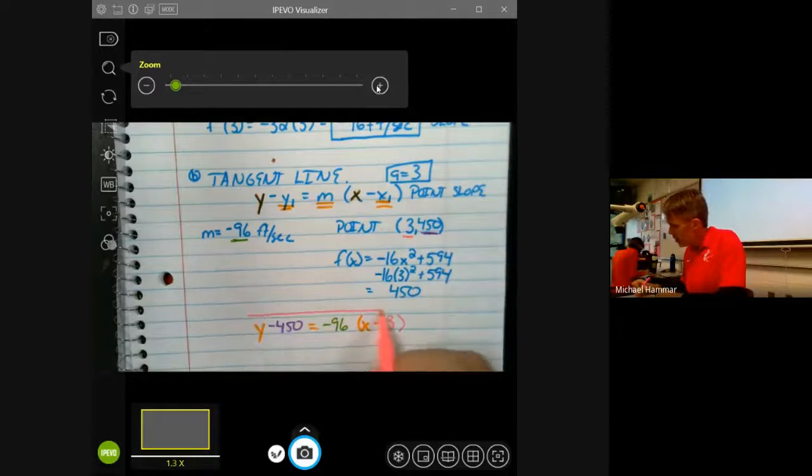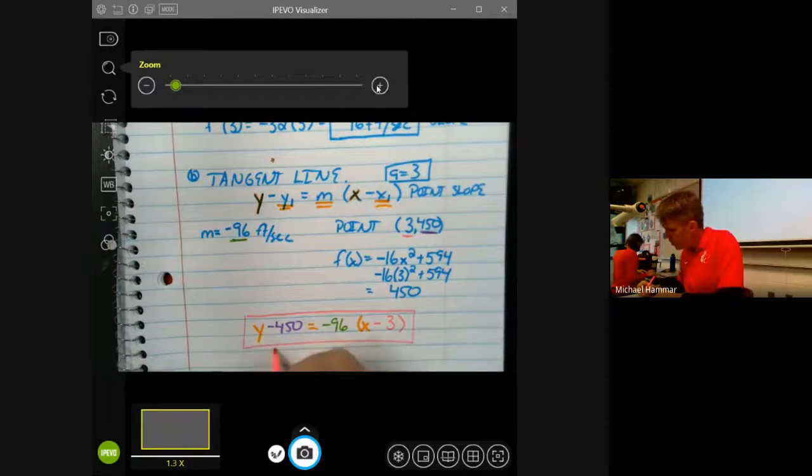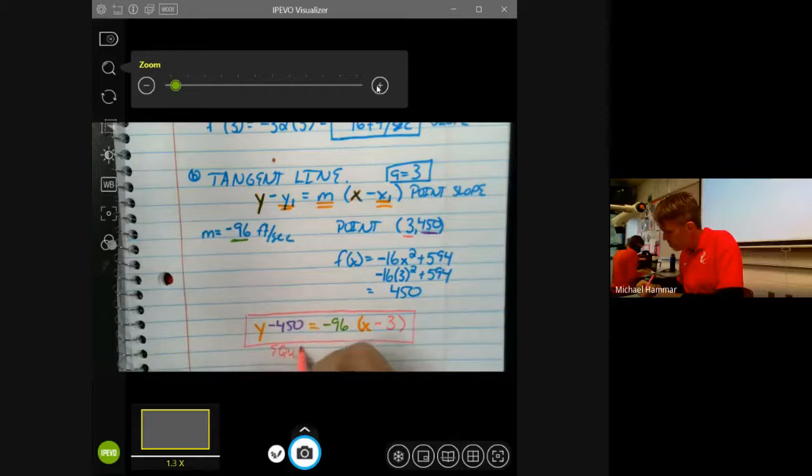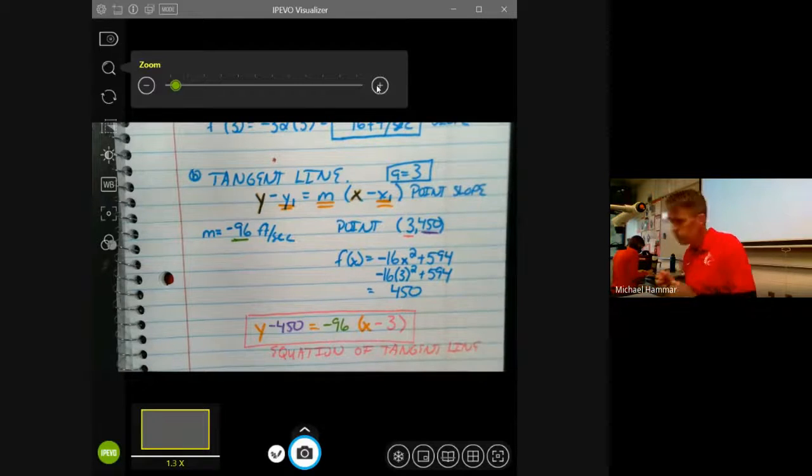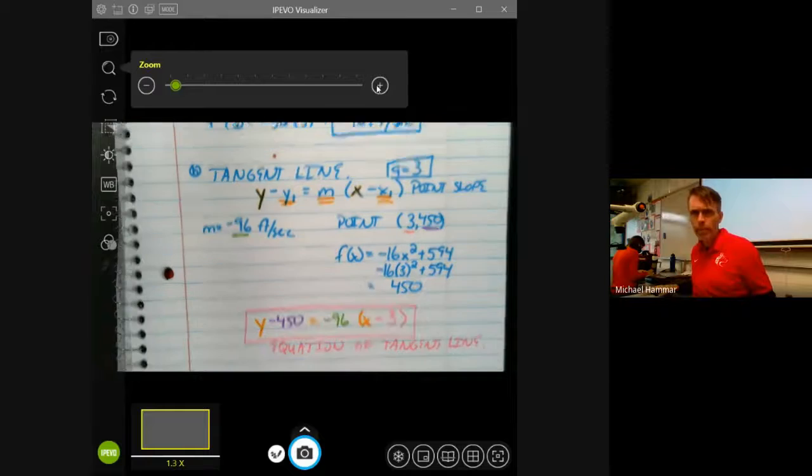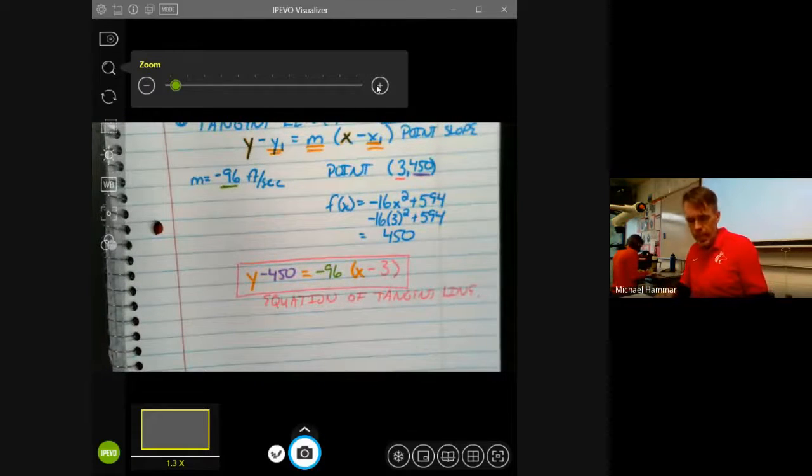This is the equation of the tangent line. That's the second thing they wanted you to calculate. They wanted you to find the slope, and they also wanted you to find the equation of the tangent line.